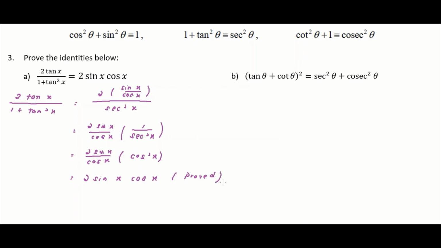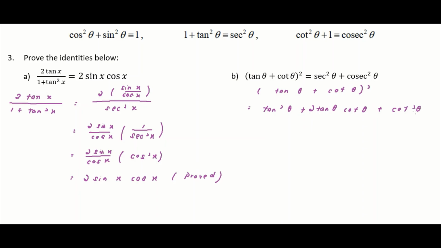Let's try to see part B. Same thing, let's try with the left hand side. For this one, since it's tangent theta and cotangent theta, I think it will be easier for us to expand it first. So you will have tangent square theta plus 2 tangent theta cotangent theta, and then plus cotangent square theta.